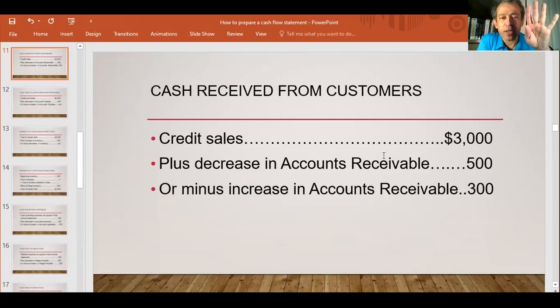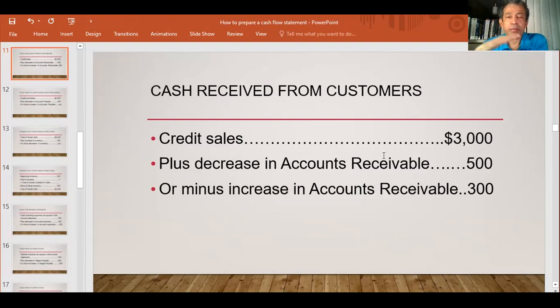Can you see it? You started with $1,000 already in the market with your customers, plus you made credit sales of $3,000. So the total amount due from customers is $4,000. And let's say at the end of the year, your accounts receivable balance is now only $200. You've done a great job in controlling accounts receivable.